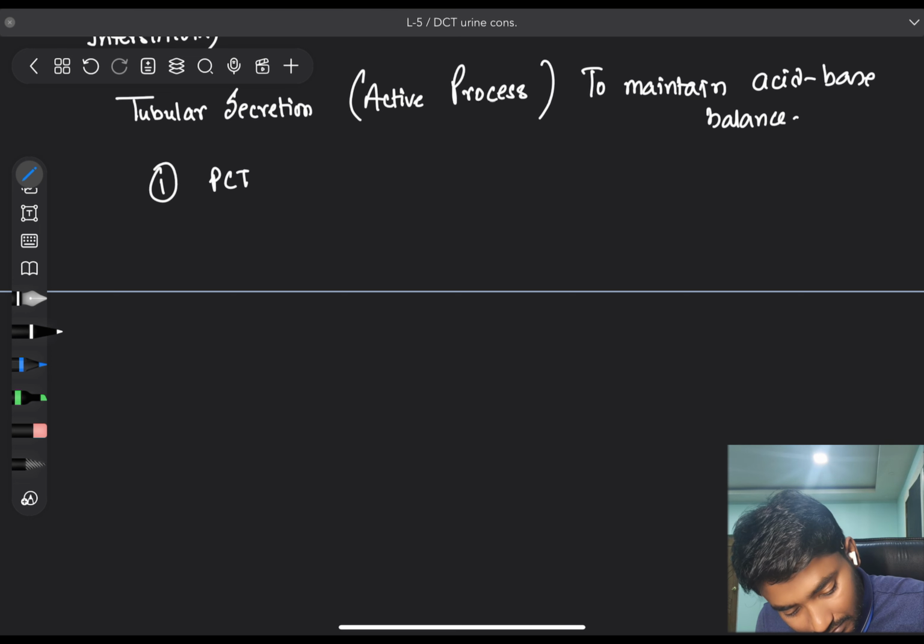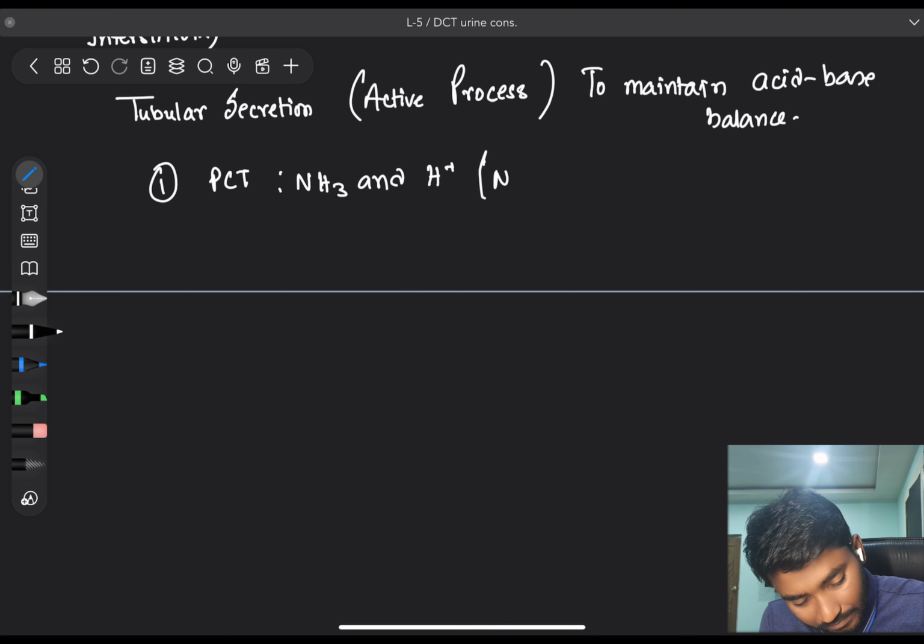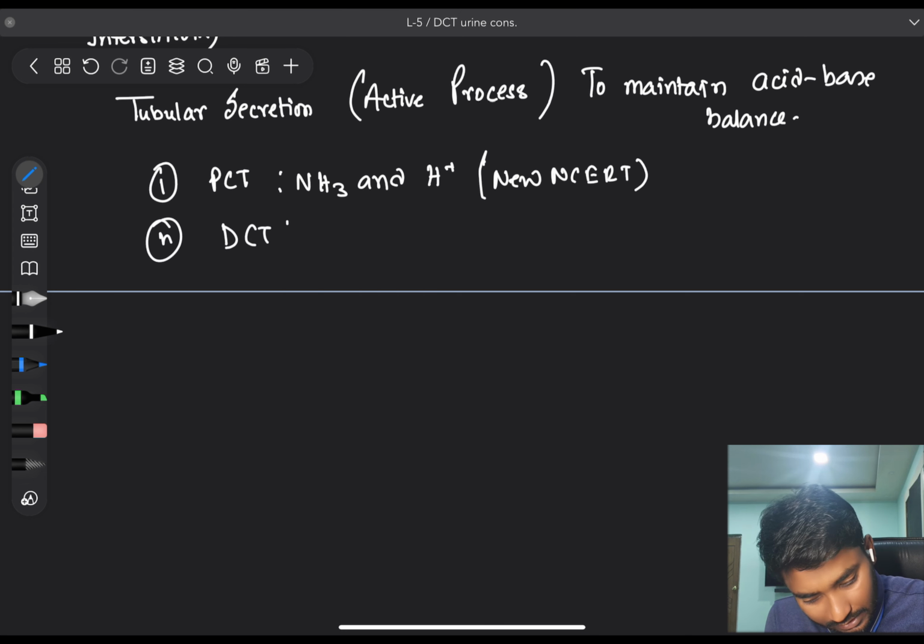In the PCT, NH3 and hydrogen ion, as per the new NCERT. Okay. Now in the DCT, secretion of ammonia, hydrogen ion and potassium. Okay.